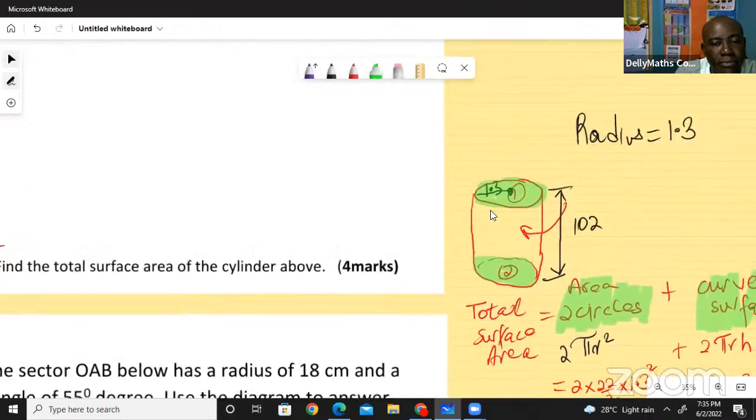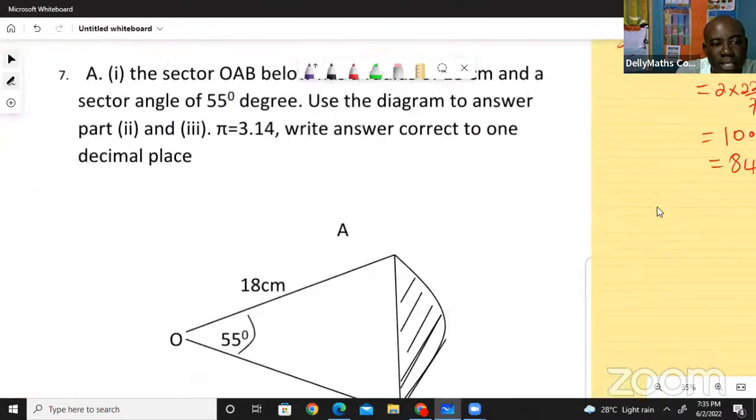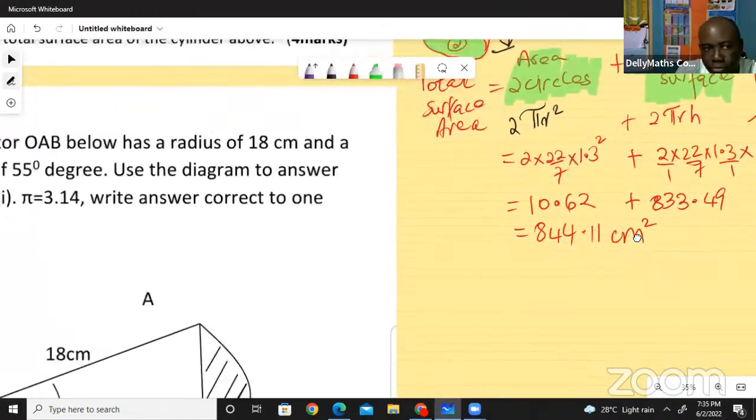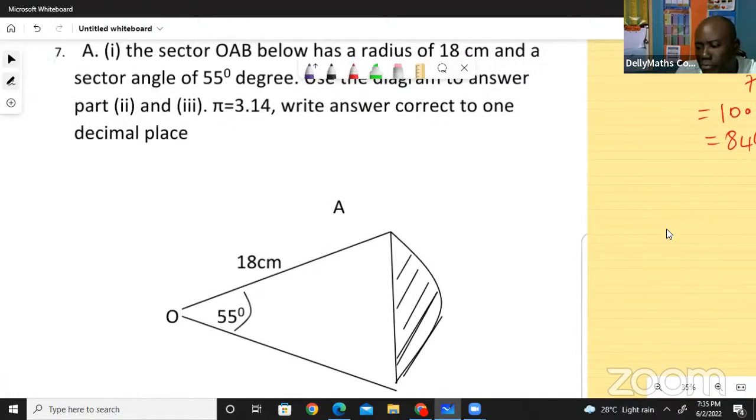Let's look at what the number 7 question looks like. Your number 7 will be similar to the one you did just now. But let's see what they're asking here.